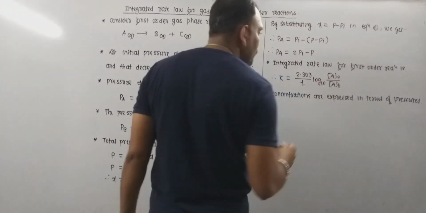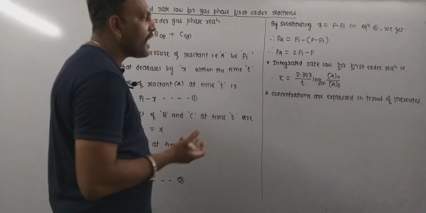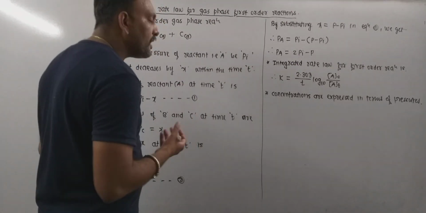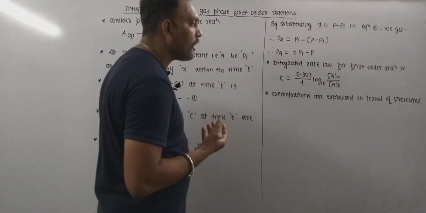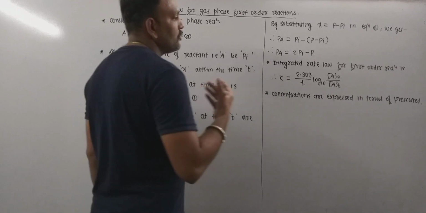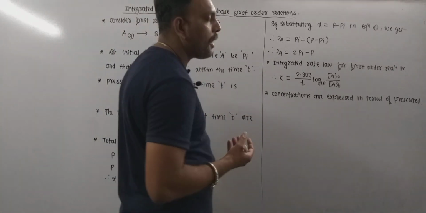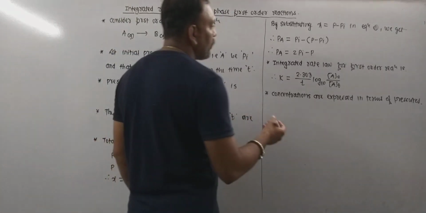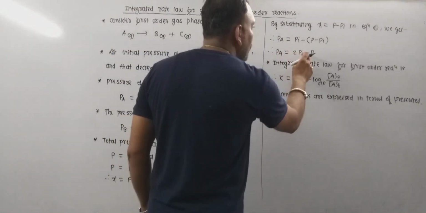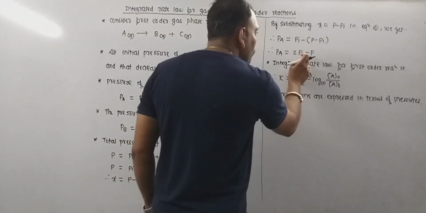So instead of concentration of A naught, we need to use the term Pi. And concentration of A at T is the amount of reactant remaining unreacted after time interval of T. So instead of concentration, we need to use pressure. The pressure of reactant after time interval of T is twice of Pi minus P. So instead of concentration of A at T, we need to put this.